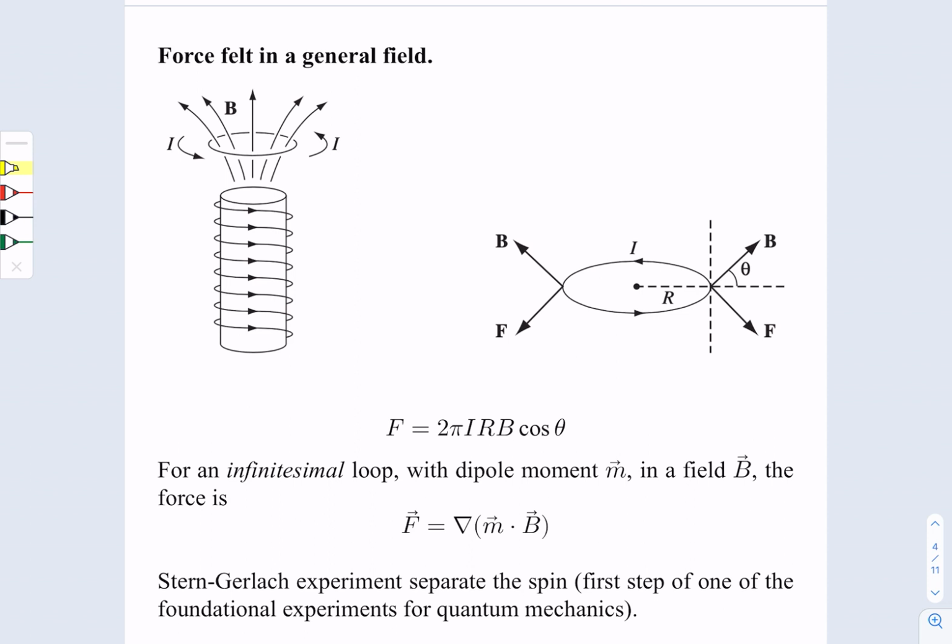So the I is going around the loop here. At this point, it's pointing into the screen. Oh, okay. It's hard to imagine. Okay. So at this point, the current direction should be into the screen, and at this point, it should be out of the screen. Oh, okay.